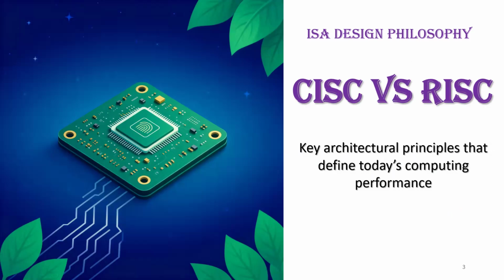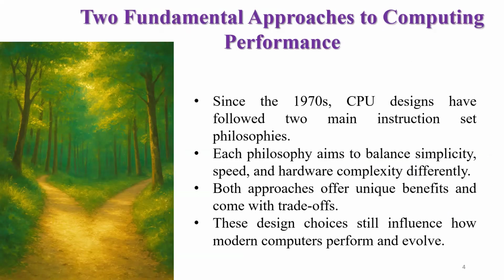Over the years, two main approaches have defined ISA design: CISC and RISC. Since 1970, designers have asked: should instructions be complex, doing more work per instruction, or should they be simple, executing in fewer cycles? CISC and RISC are the two different approaches.